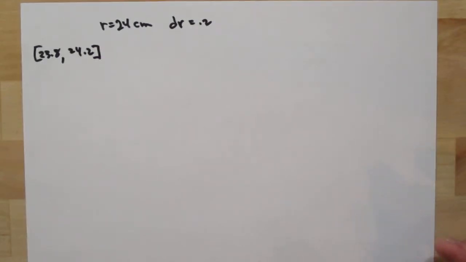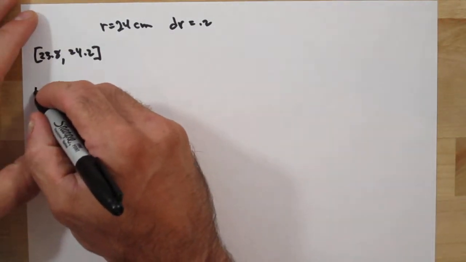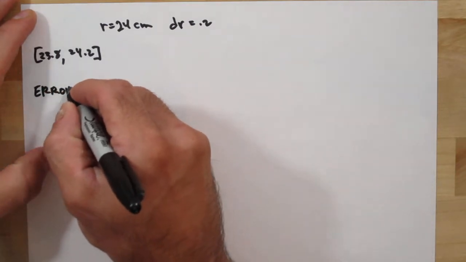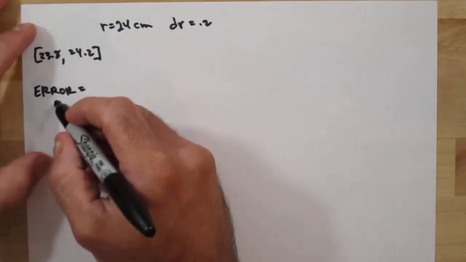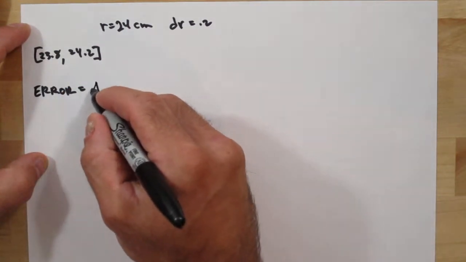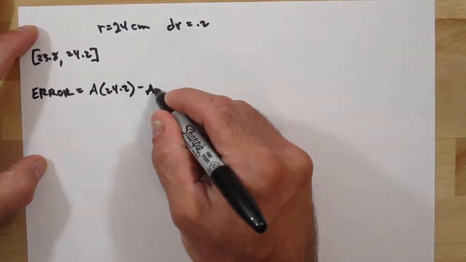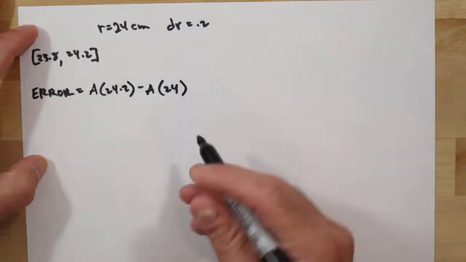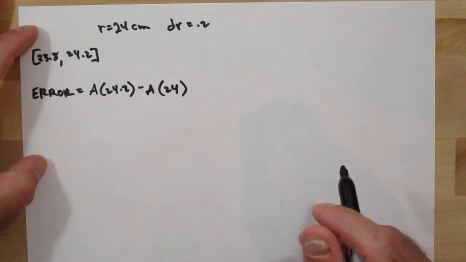Let's talk error for a second here. What if the radius was just 24.2? Let's see how far off that would be from what the manufacturer hopes the radius would be, 24, which they're probably marketing.